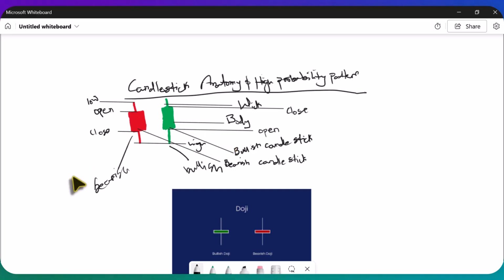Now, as you can see how I've labeled on the screen, this is the low, this is the high, and this thin line is called a wick. And then the thick part is the body. Now, a bearish candlestick opens right about this spot and then closes right about this spot.